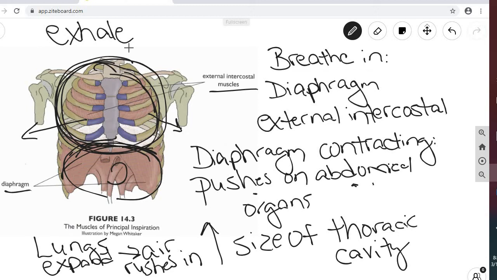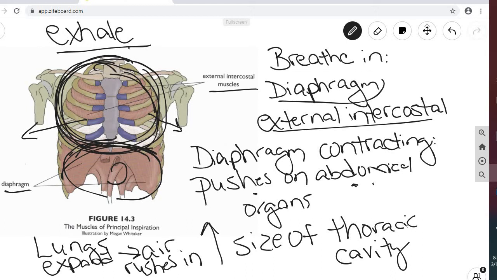So the lungs get pushed in, and the air moves out of them. The same muscles are involved: breathing in is when the muscles are contracting, and when the muscles relax, that's when you exhale and the air moves out of the lungs.